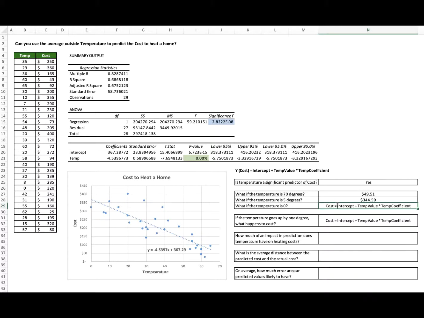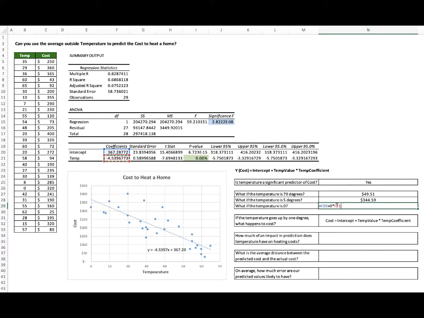Well, let's take this time, let's delete this. Let's take the intercept, and we're going to add to that 0 times the coefficient of the temperature. Now, what happens when you multiply anything by 0?